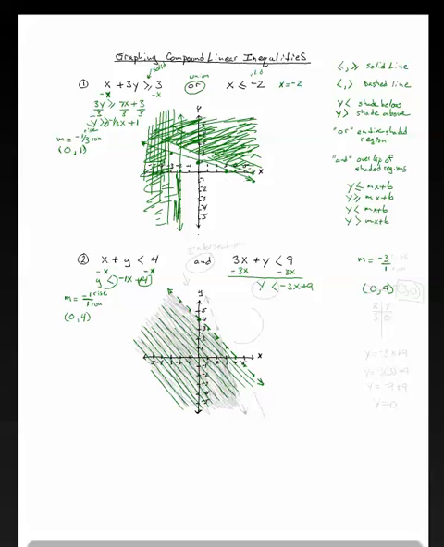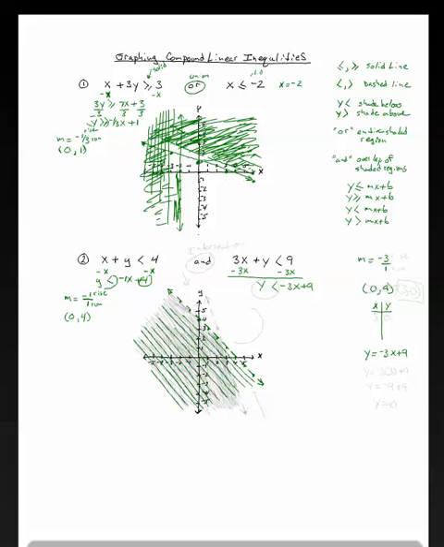So what I would suggest doing whenever this happens is that you just create your little x, y table. And I'm going to rewrite this as if it were an equation. So I will write y equals negative 3x plus 9. And you just choose a convenient point for x and then solve for y, and that will give you a point. So when I look at negative 3 times x plus 9, I would like this to work out nicely.